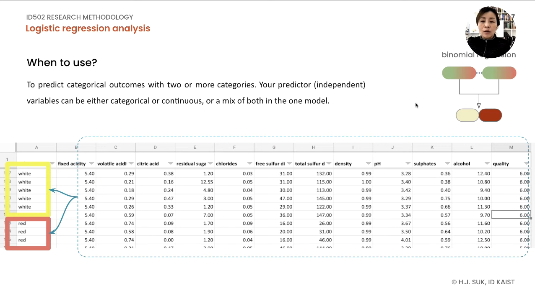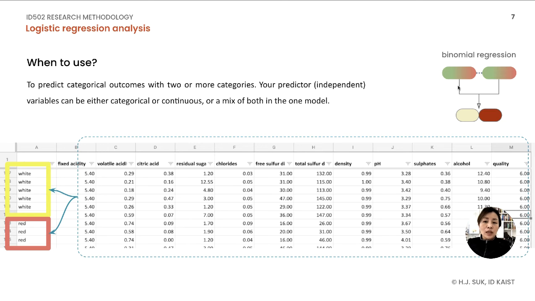So using binomial regression analysis, we can predict whether this wine will be white or red based on their chemical properties. Like this data set shows that the color category has been labeled here, but suppose that we don't know it, and we only have the chemical properties.